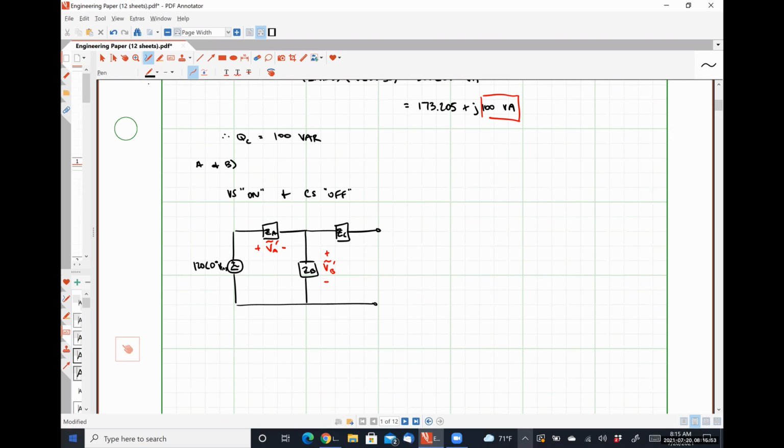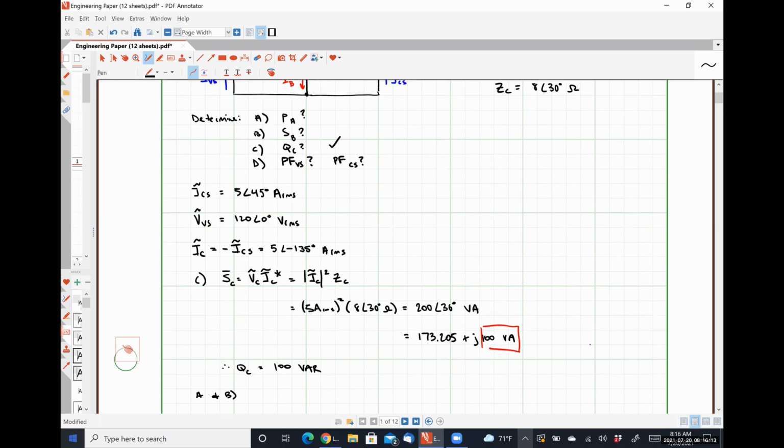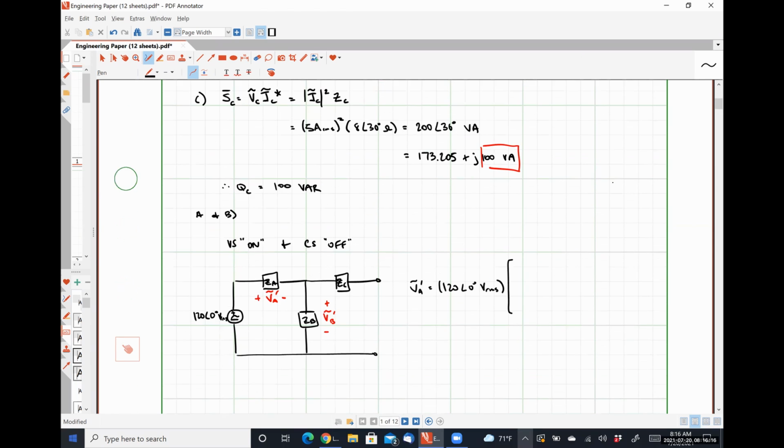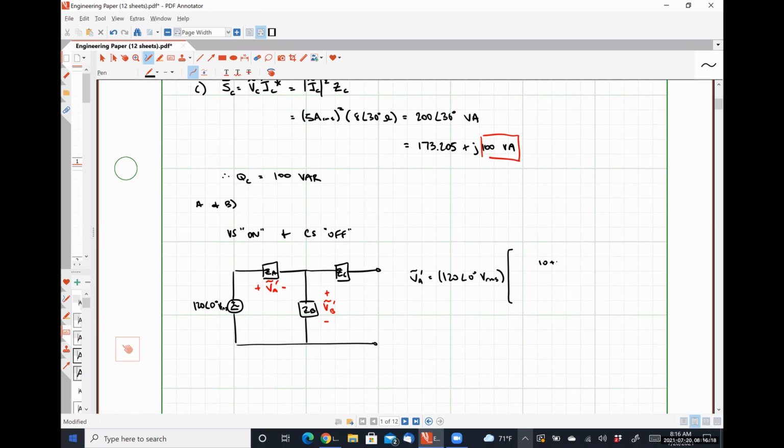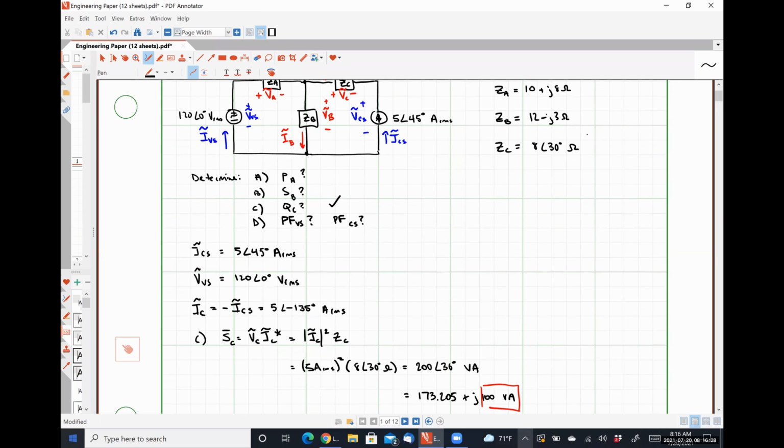I would argue I could find either of those quantities trivially using voltage division, right? So VA prime is going to be 120 angle 0 degrees volts RMS. ZA was 10 plus j8, so I'm going to have 10 plus j8 ohms in my numerator, and then 10 plus j8 plus 12 minus j3.